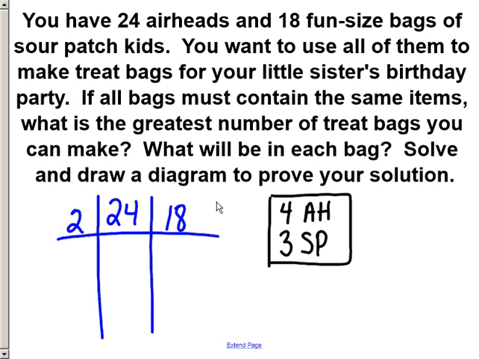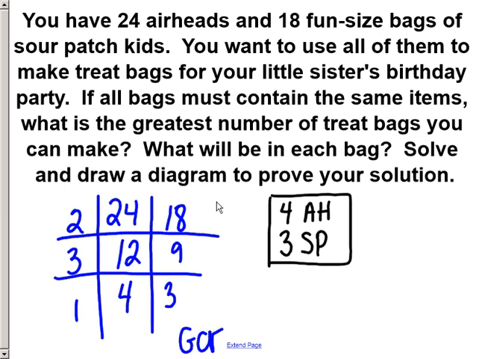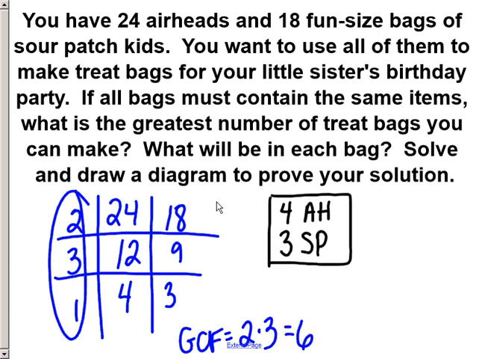So I might divide those both by 2 and get 12 and 9. Divide those both by 3, and that's going to give me 4 and 3. So now I'm done. And my greatest common factor is 2 times 3 because of this right here. And that's 6. So that's going to be our 6 bags.